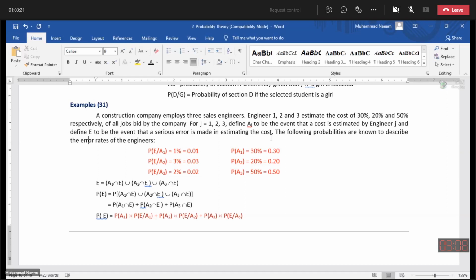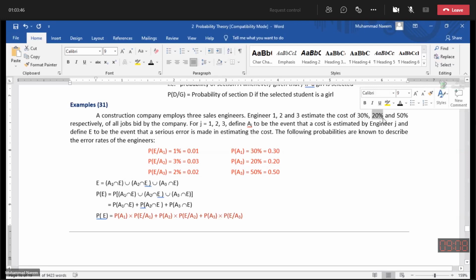the part of the loss, you can say, the error contributed by each person according to his contribution in the project. A person is contributing a little, a little contribution is there.